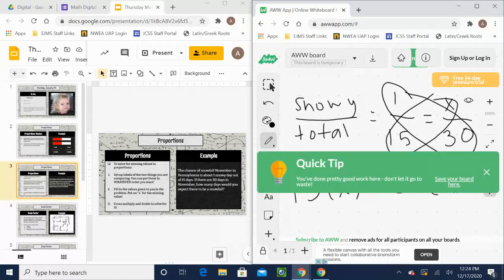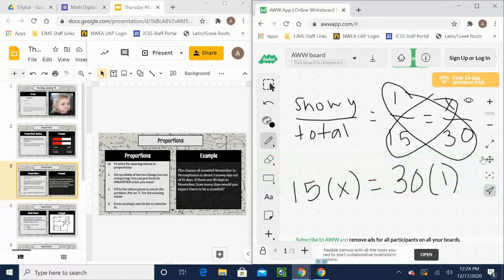When I simplify, 15 times X is 15X, and 30 times 1 is 30. Now, this is just a one-step equation. I need to get X by itself. Right now, I've got 15 times X, so to reverse that, I divide both sides by 15 because you have to balance it out. So I get X equals 30 divided by 15, and when I type that in my calculator, I get 2.